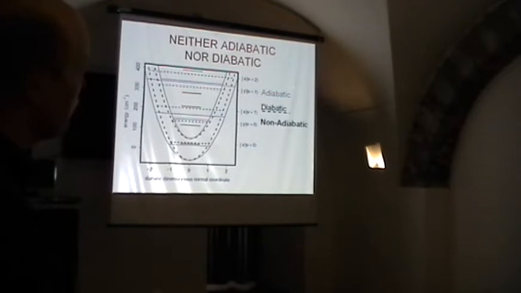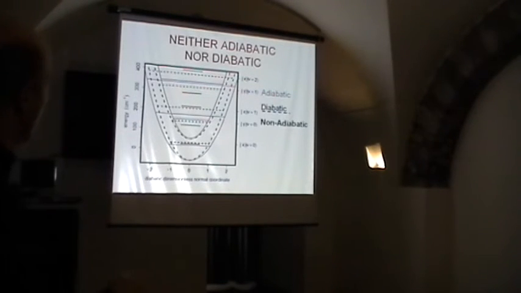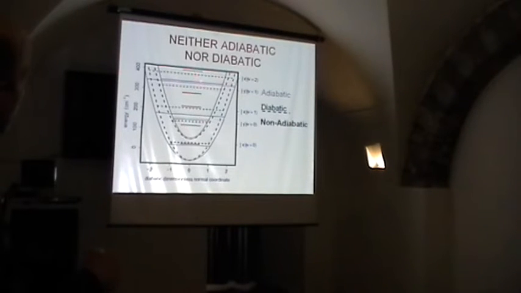The full non-adiabatic basis state diagonalization, which is the black levels shown here, is actually quite dramatically different from both the adiabatic eigenstates and the diabatic basis states. And they're shifted in some sense in unpredictable ways from them, except if you look and think, okay, I've got a non-adiabatic coupling, what does it do?